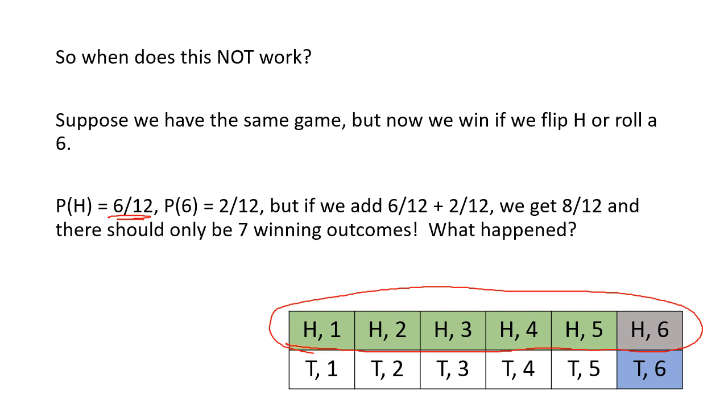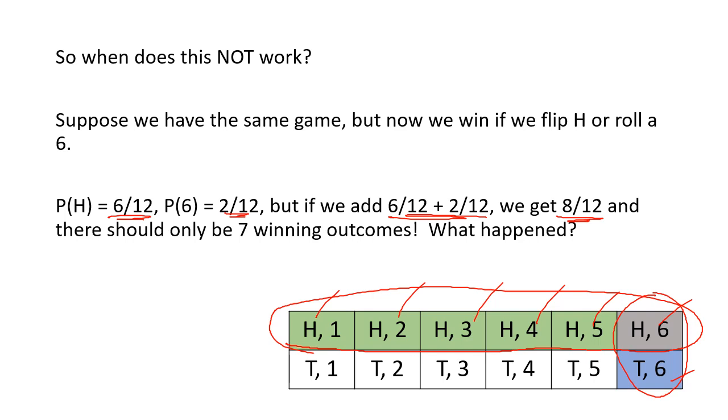And the probability of rolling a 6, there's 2 ways that I would roll a 6, and that's 2/12. If I add these together, I get 8/12. But if I count 1, 2, 3, 4, 5, 6, 7, there's only 7 winning outcomes.